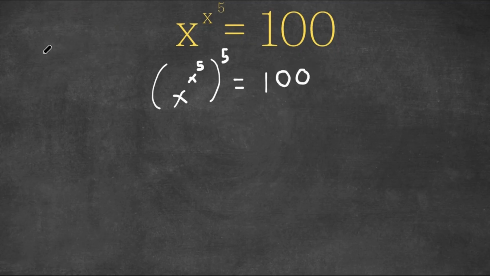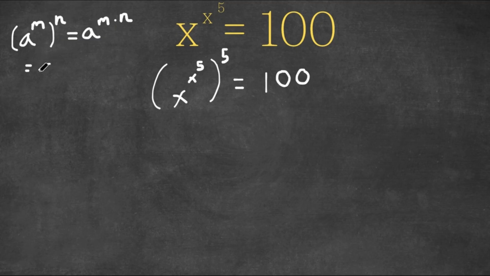Now, if we have something in the form a to the power of m to the power of n, this is equal to a to the power of m times n, right? However, for multiplication, order doesn't matter, meaning we could switch the places of these two, so this would also equal a to the power of n to the power of m.